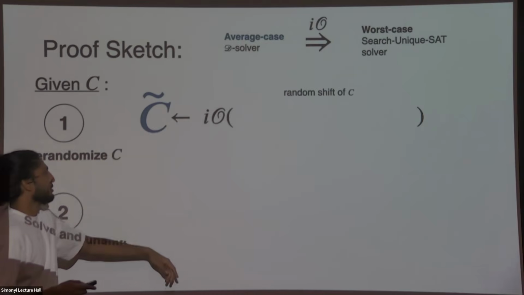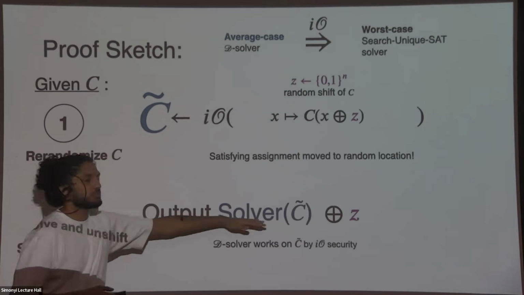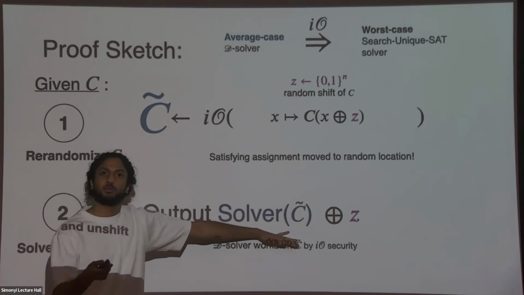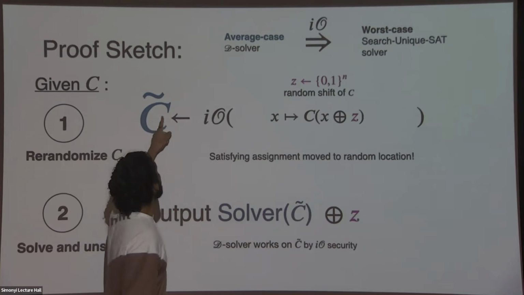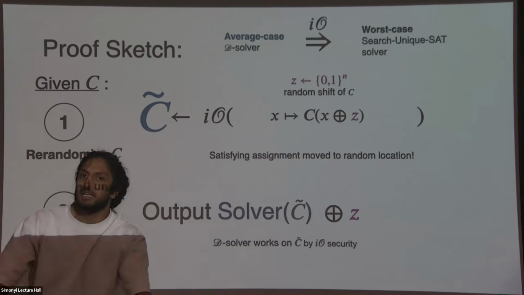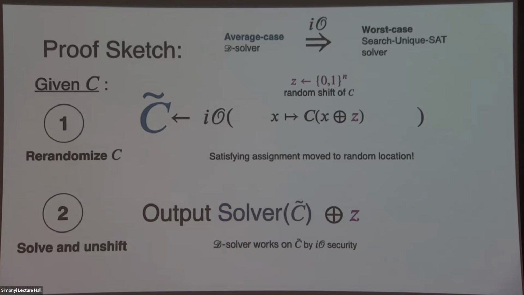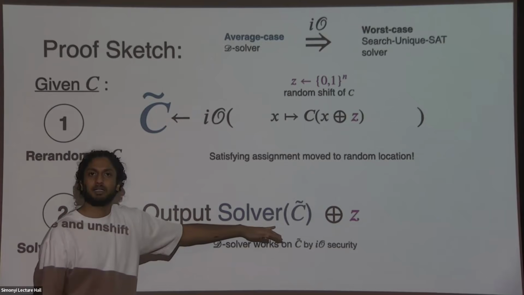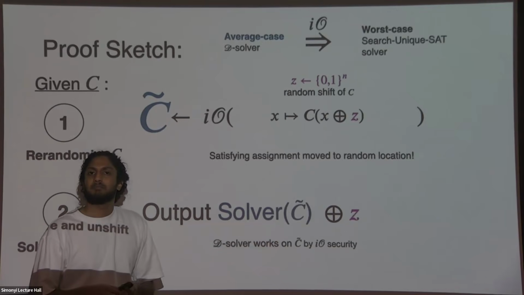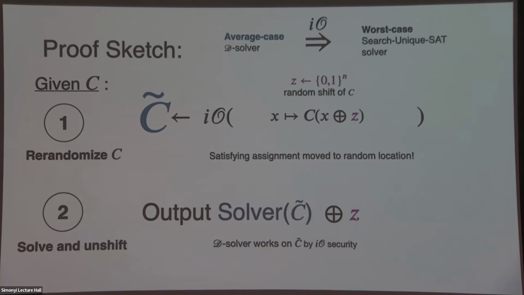So my solver is supposed to work on random point functions, so I should win, right? But the problem is, even though C tilde has the functionality of a random point function, the solver might not work on those types of circuits. The average case is over the functionalities. IO essentially reduces to the functionalities.